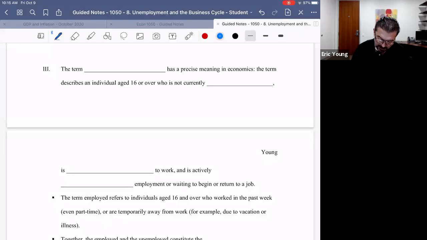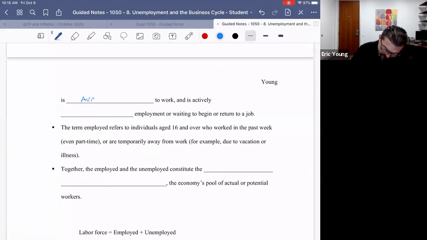So, like I said, we're talking about unemployment. The broad term unemployed has a very precise meaning in economics. The term describes an individual, it has to be a person, aged 16 or over, who is not currently employed, is available to work, and critically, is actively seeking work.